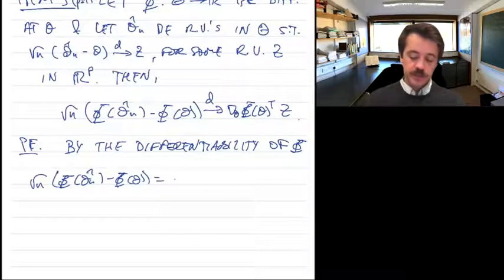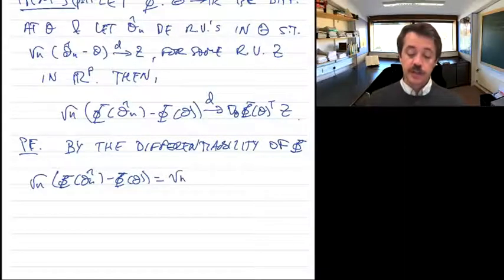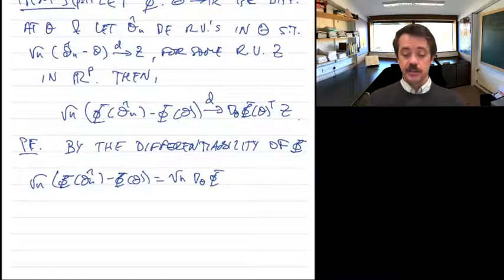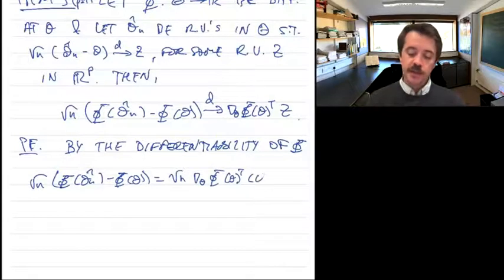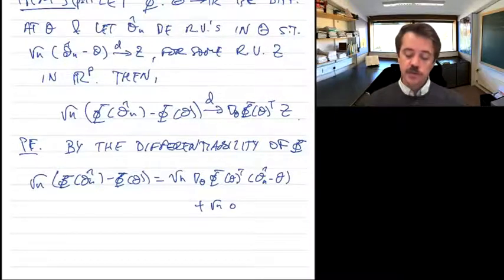So this is square root of n, and then the gradient of this capital phi at the value theta, transposed, multiplied by theta n hat minus theta, and then we have some remainder term, and that is given by the small o of this quantity.